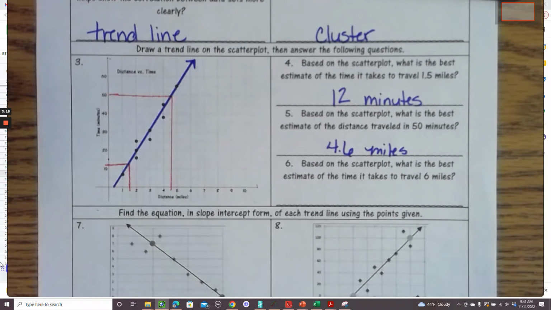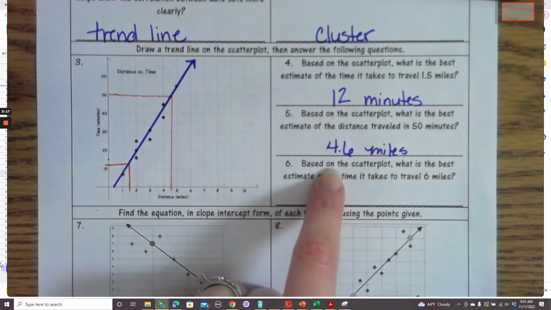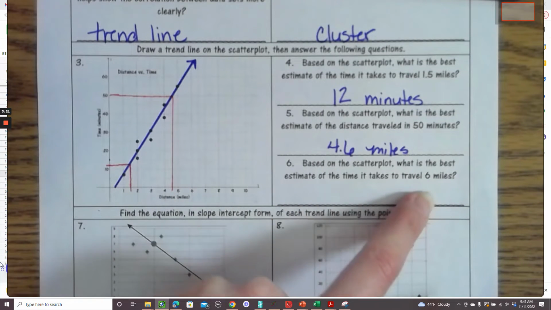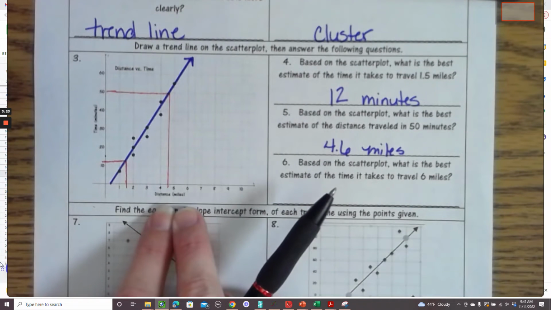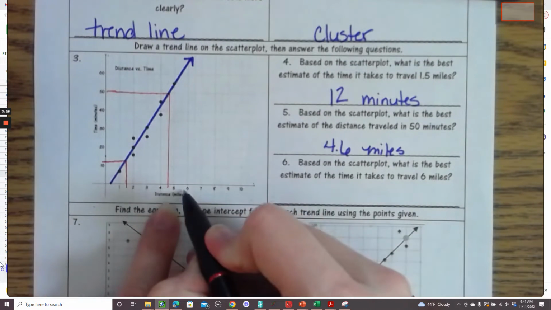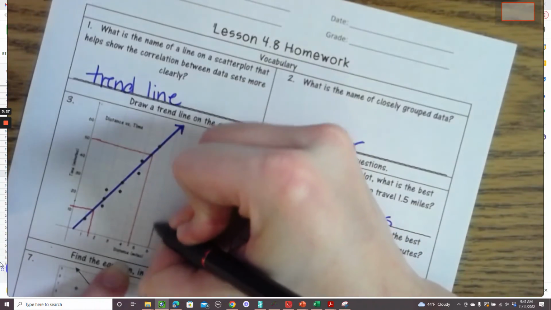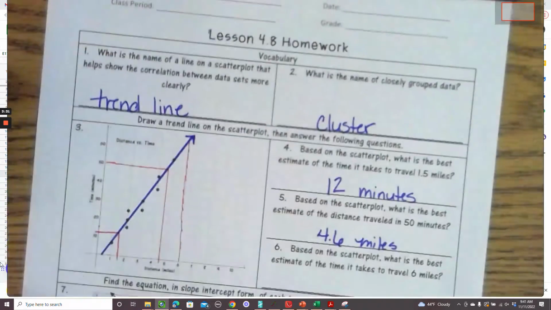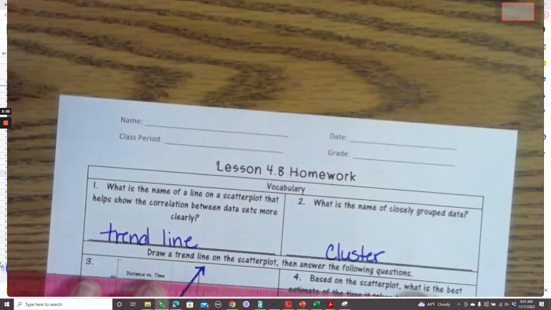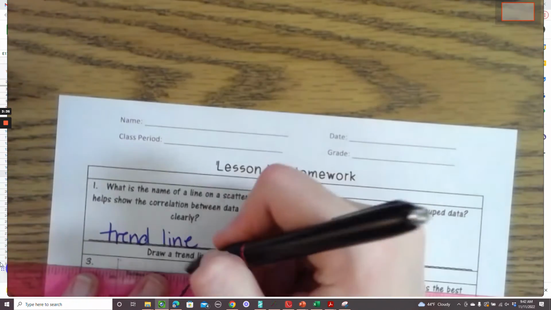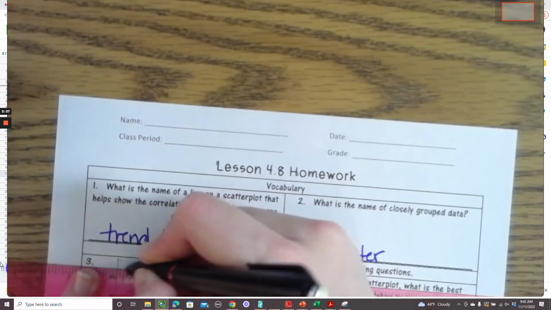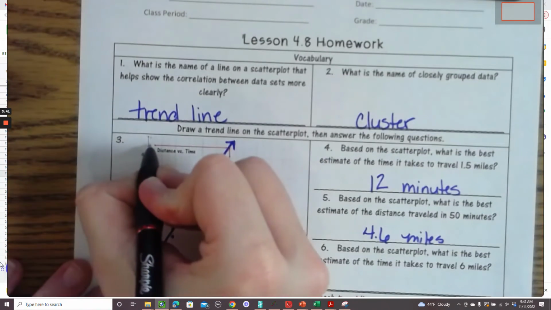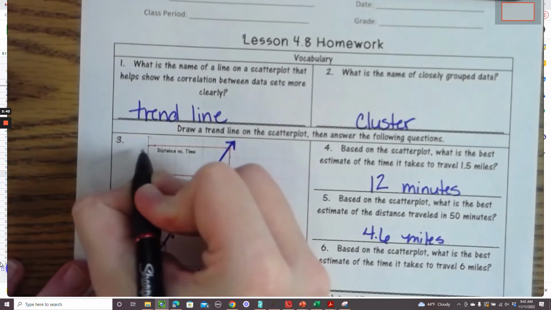And then number 6, based on the scatter plot, what's the best estimate of the time it takes to travel 6 miles? Miles is here. So I find the 6, follow it up to my trend line, and once I hit my trend line, I go the other direction. For me, I'm way up off the charts almost.